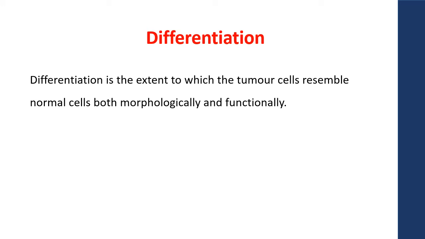If this neoplastic cell, the diagnostic cell, looks like normal cells morphologically and functionally, we call it well differentiated. If they are completely different from the normal cell, we call it undifferentiated.